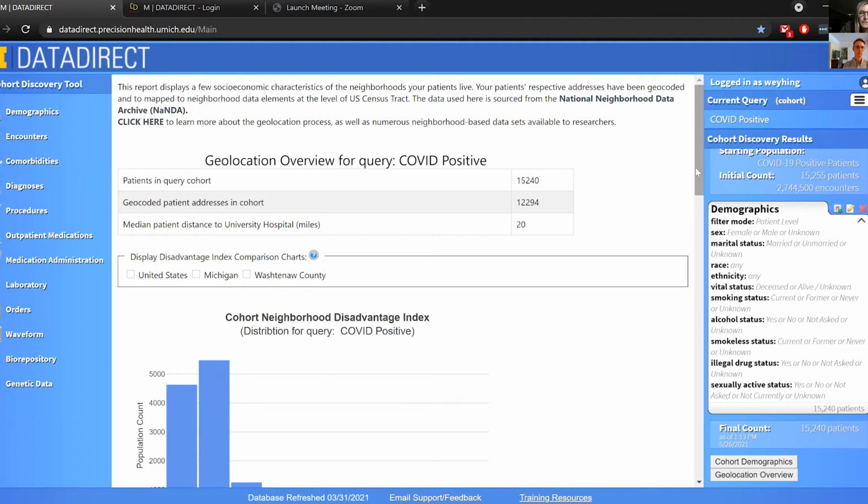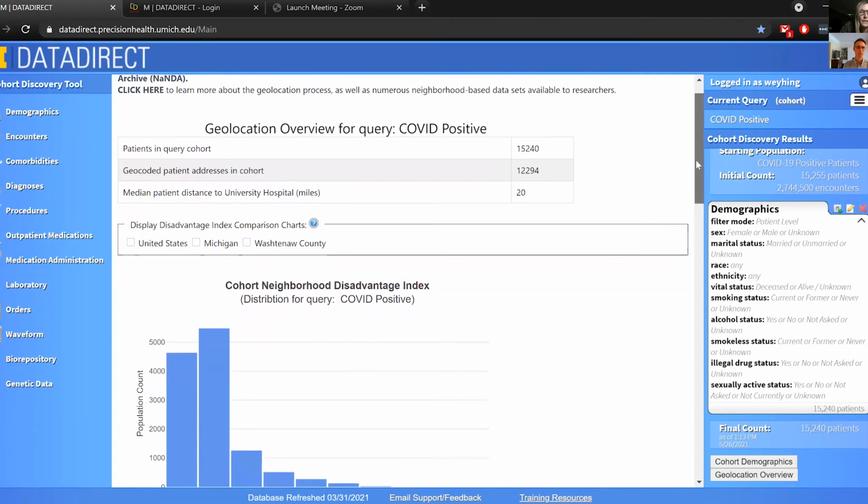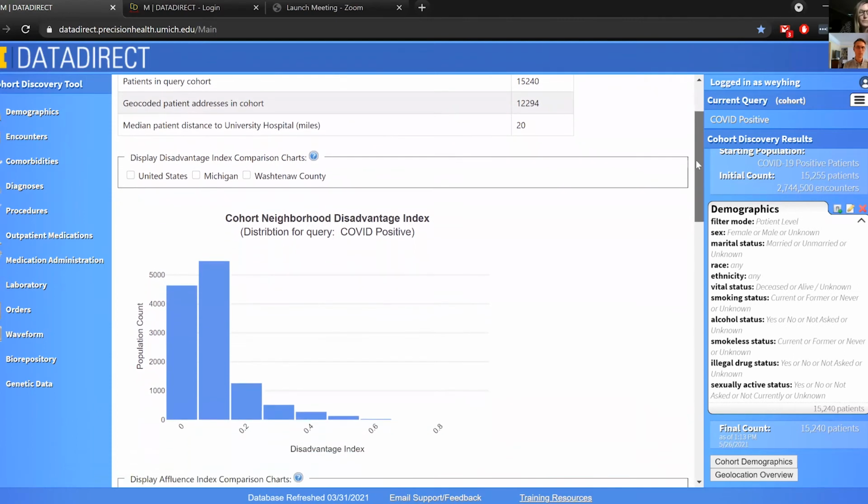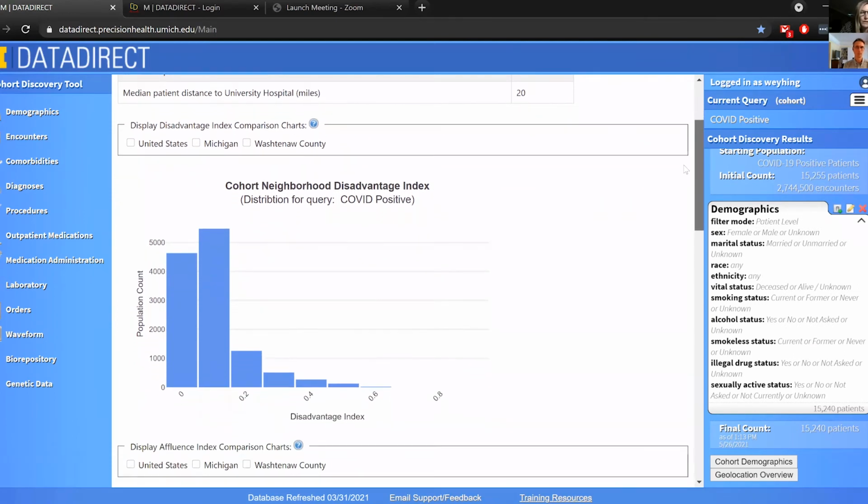The neighborhood disadvantage index ranges from 0 to 1, with higher values representing greater disadvantage. So you can look at this for your patient population of interest and also make comparisons with Michigan, Washtenaw County, for example, so that you can understand the unique characteristics of your population.